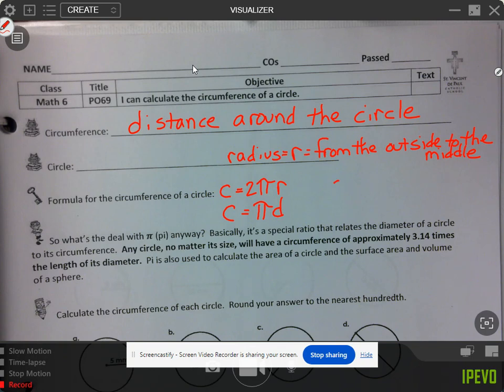So that makes me wonder, what is the diameter? The diameter we'll see as the d. What is that? The line that goes all the way from one side through the center to the other side.